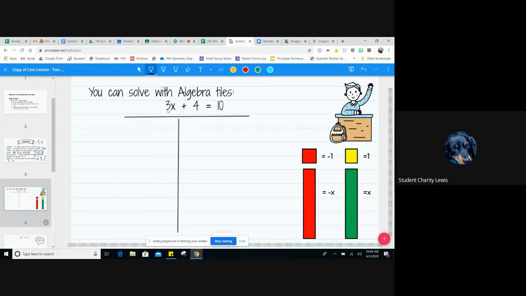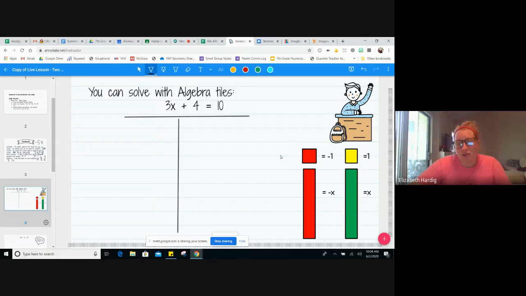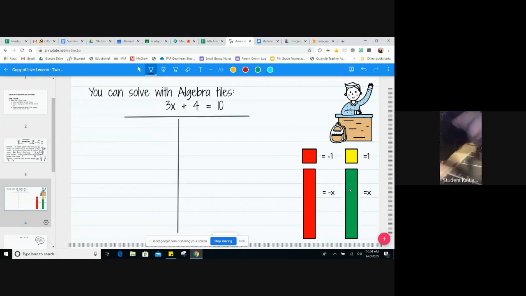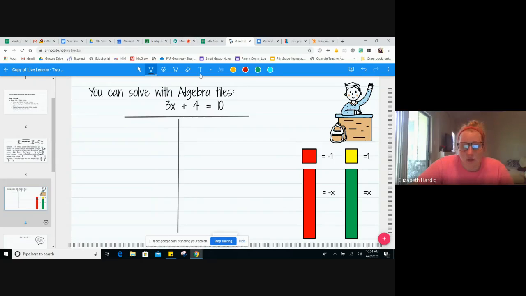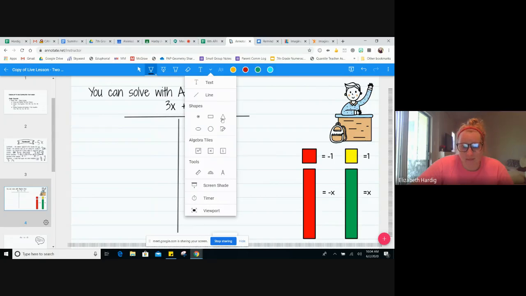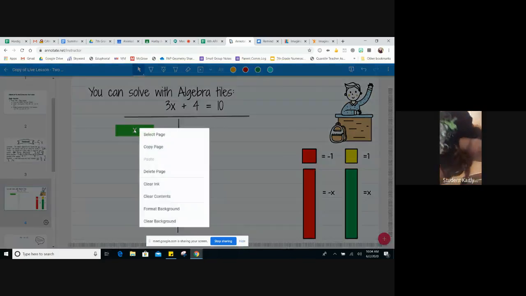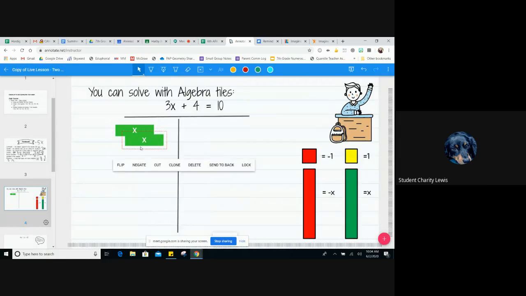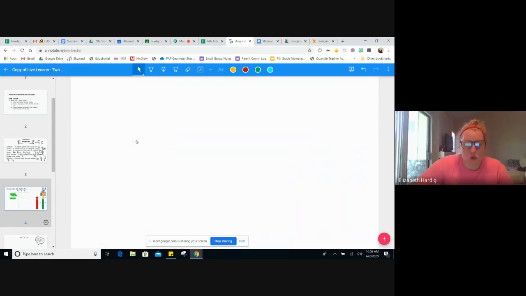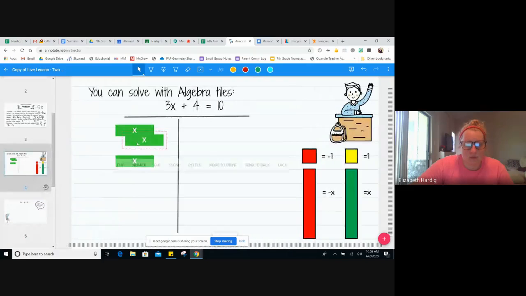Okay. So if I want to model this equation right here, 3x plus 4 is equal to 10. That's a positive 3x. So how many of the green skinny fries will I need? 3. Good. I need 3 of them, so I'm going to clone it. Great.